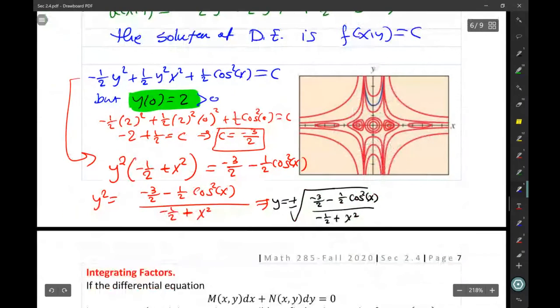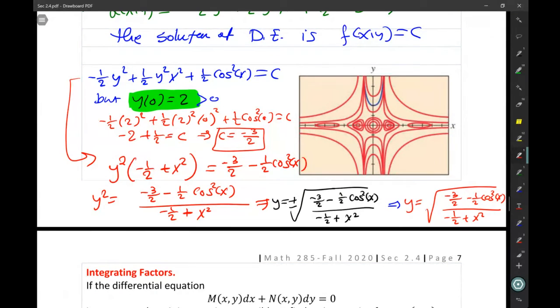So you have to take here only the positive square root, because the value of y in your initial condition is a positive value.